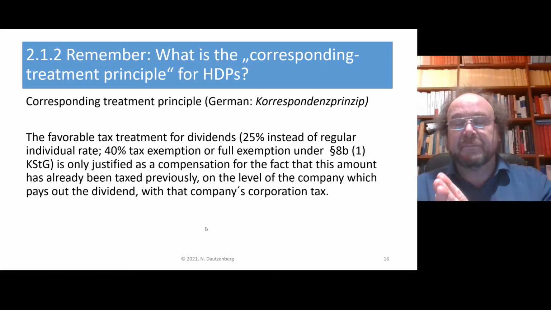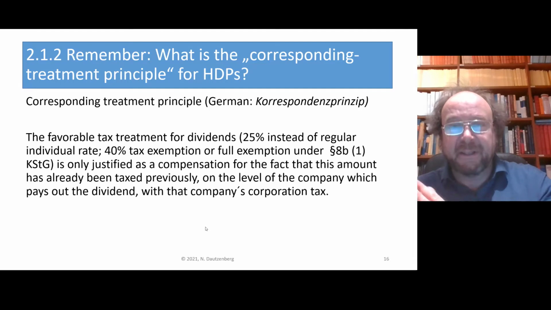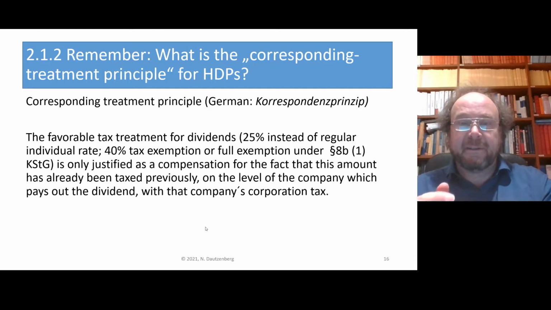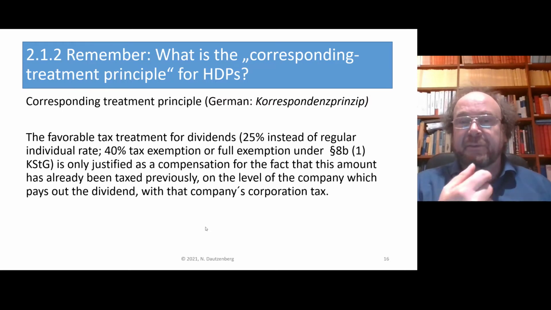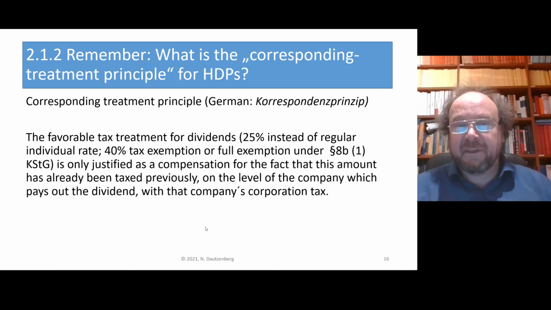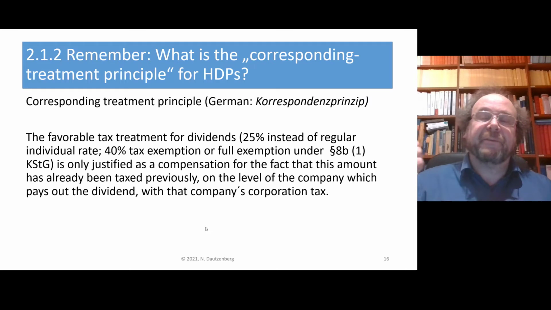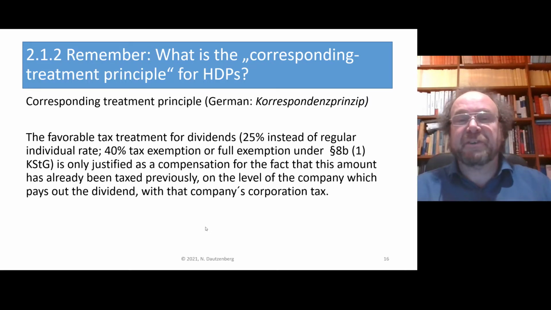under the aspect, or with respect to the fact, that the profit underlying the dividend has already been taxed with corporation tax at the level of the company where the dividend comes from. So the idea is you get a reduction of the normal tax burden because that money comes from a corporation which already has paid a tax once. Now, this is merely kind of a condition.